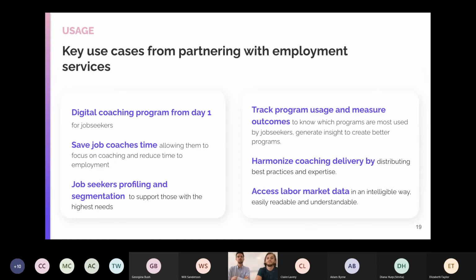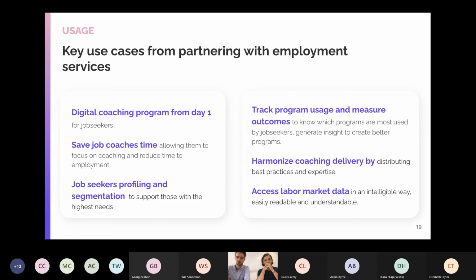So what we've seen from working with employment services providers are a few use cases that have proven impact on both the job seekers and also the job coaches. The first one is using Bob to provide a digital coaching program from day one, from the very first day a job seeker registers with an employment service, being able to provide some solutions, some action plan, which in France and Belgium, for example, is not the case.